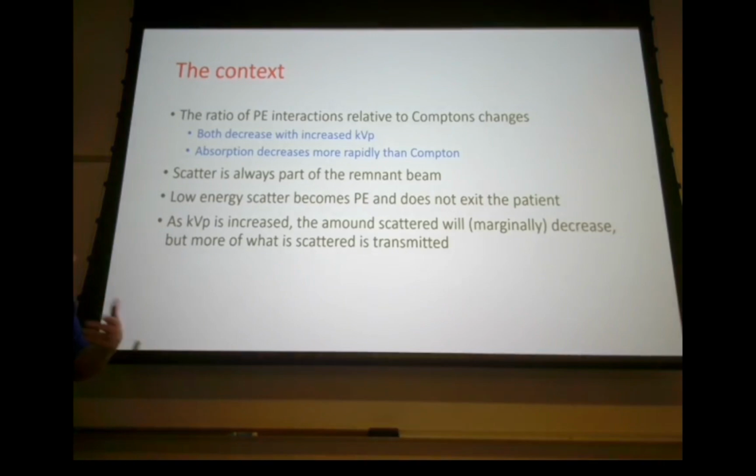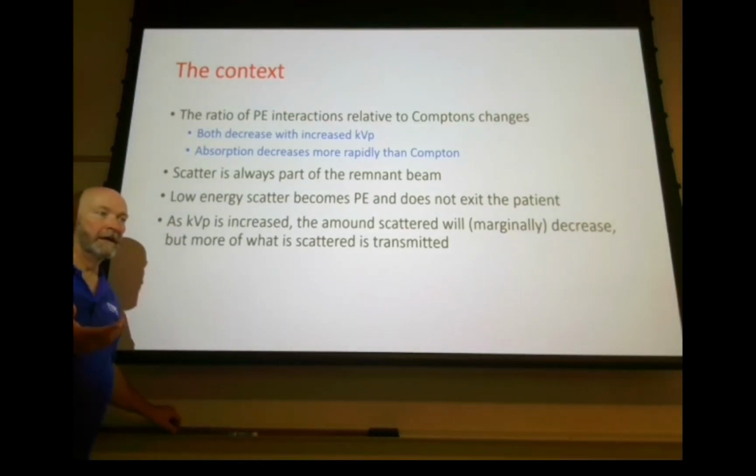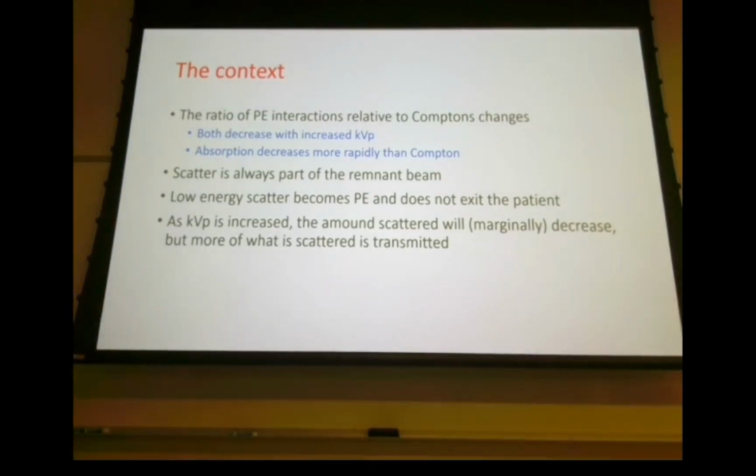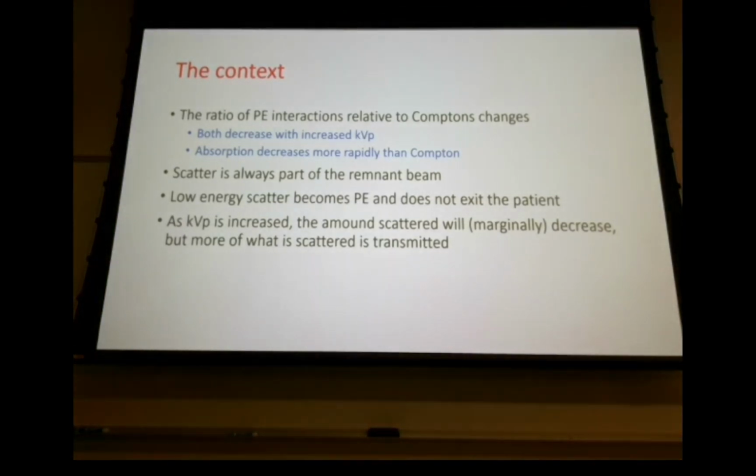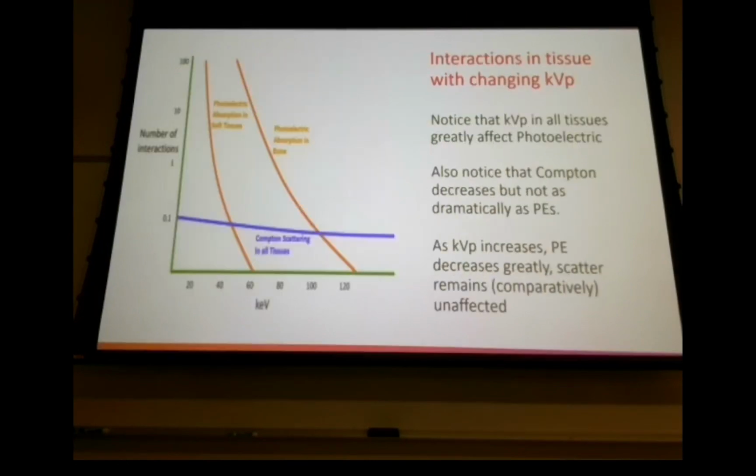So that's what we're referring to in the Compton to PE ratio. As kVp increases, we don't really get more Comptons created or emitted, but what decreases very rapidly, going back to that graphic before, is photoelectrics. These are all photoelectric interactions. As kVp increases, you get great penetration through all tissue types.